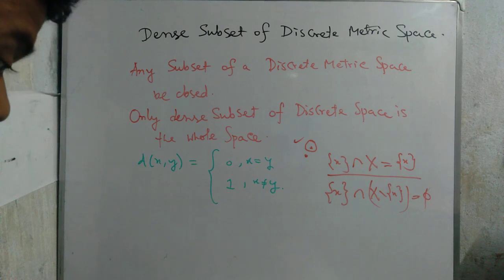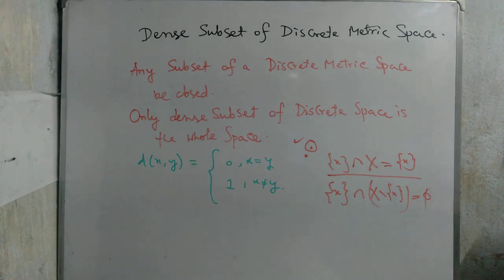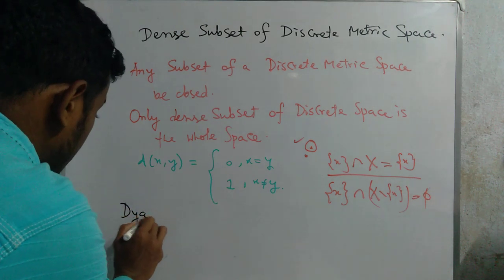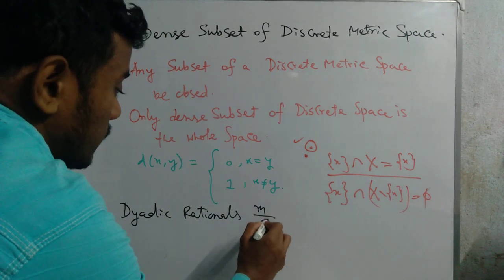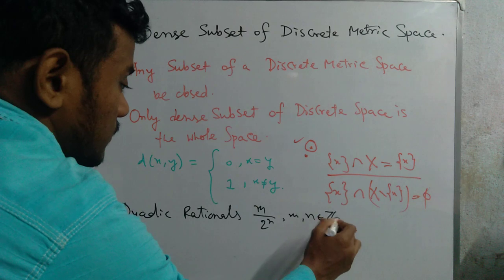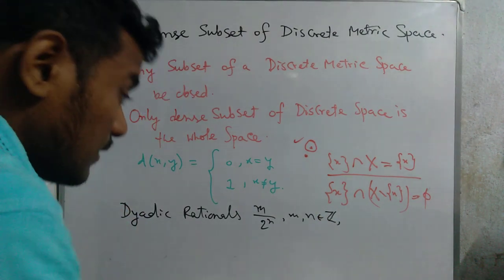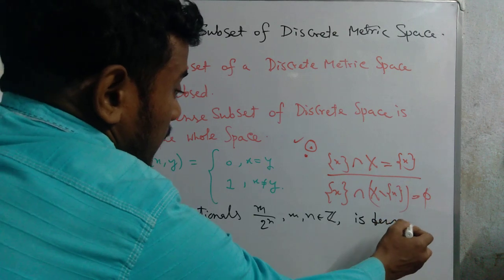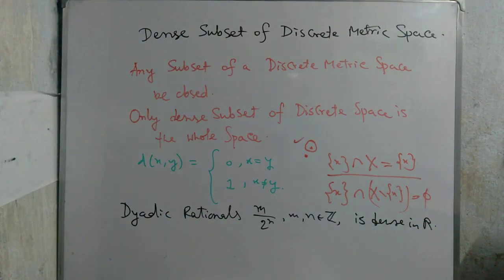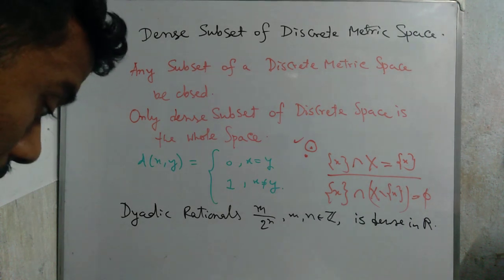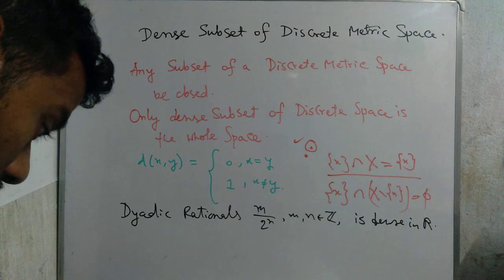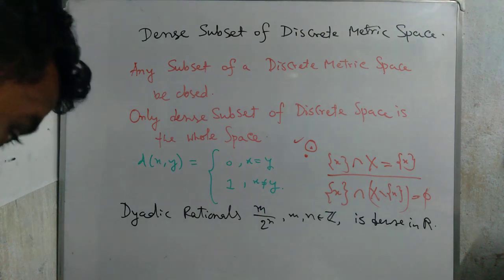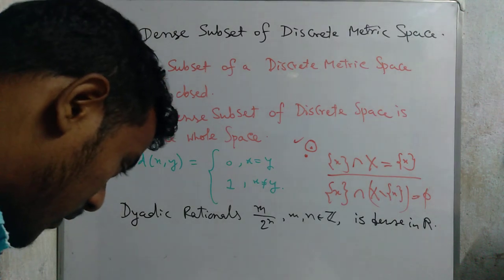We know from the previous class that dyadic rationals, of the form m over 2 to the n where m belongs to Z, are dense in R. We have also done some problems on this, and we know more now, but today we will not discuss more problems here.